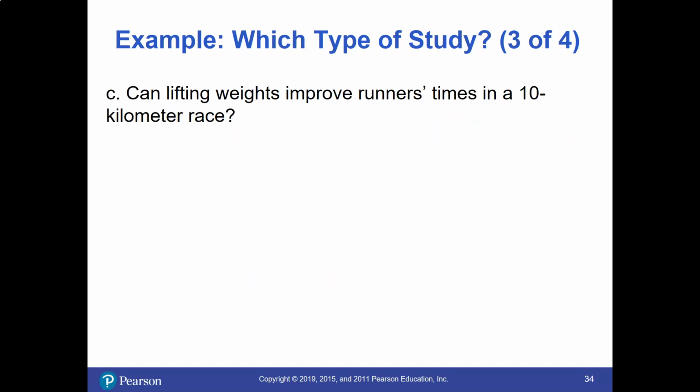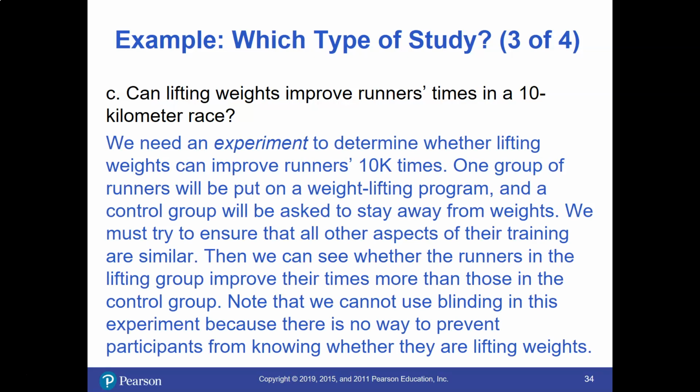Can lifting weights improve a runner's time in a 10-kilometer race? Well, here you can just run a regular experiment, right? You could put some runners on a weight program and have other runners just do their typical training and look at the results after a period of time. So you'd run an experiment, look at the 10K times, put some on a weightlifting program and others not, and then look at the differences in times.